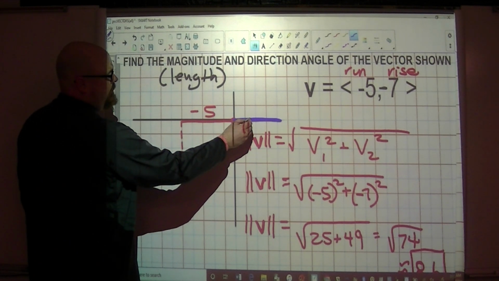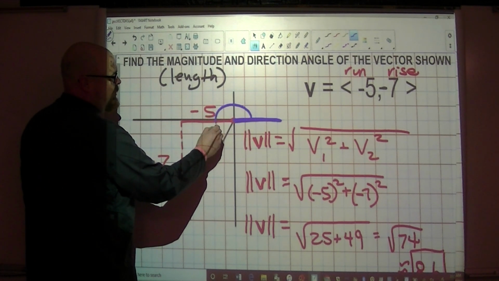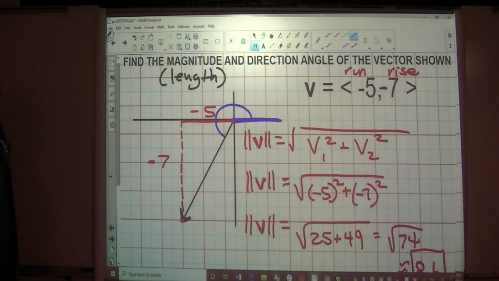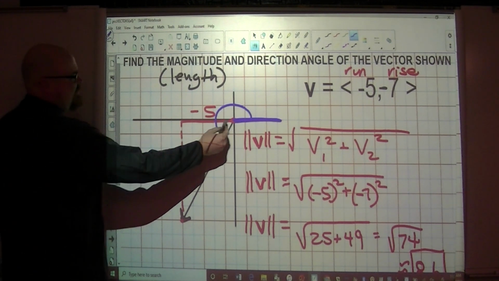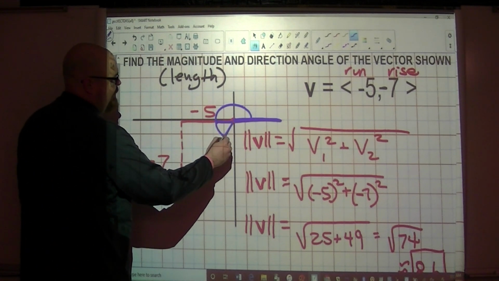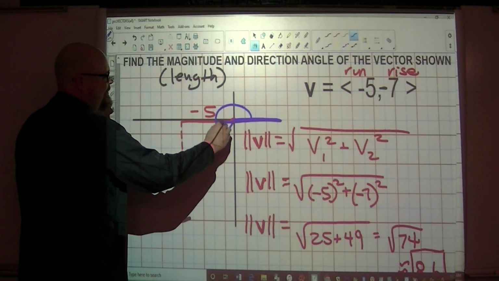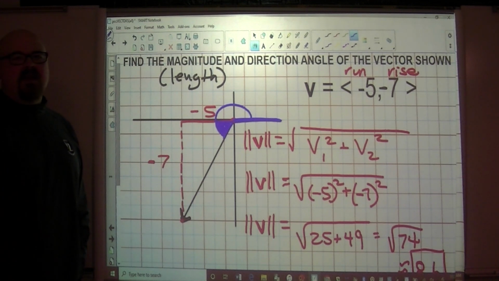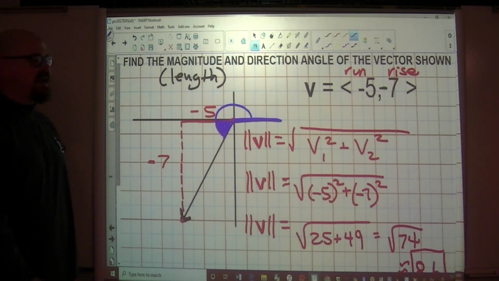So the direction of this vector goes from here all the way over like this. All right? But given what we know about this picture, and we've already discussed how this is a right triangle, we're just going to find this piece of the angle. And then we're going to have to do a little bit of piecing together problem solving to get the entire angle.